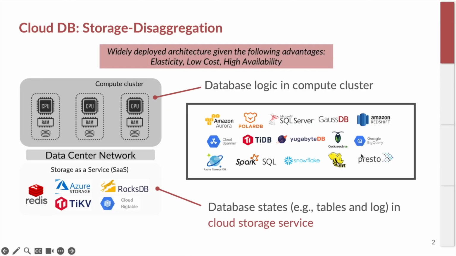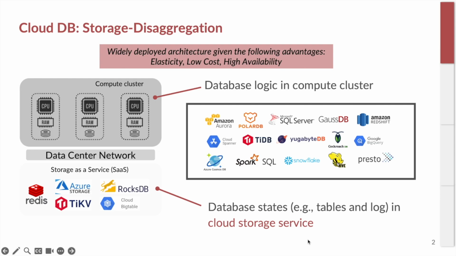Before we dive into the specifics, let me introduce the trending architecture in modern cloud databases, which is called storage disaggregation. In this architecture, computation and storage are managed as two separate services connected by the data center network. Specifically, database logic is handled by the compute cluster, while the state of the database is stored in a cloud storage service.